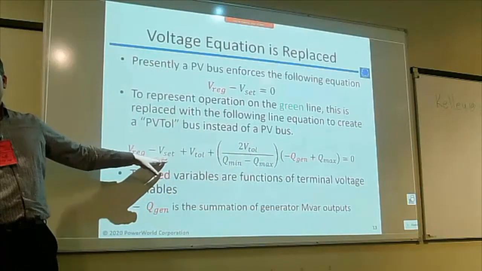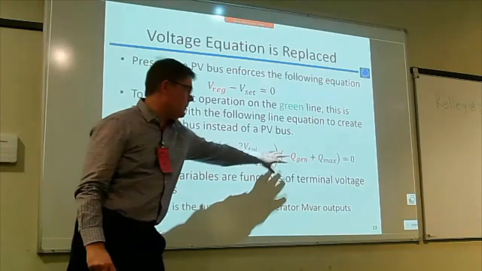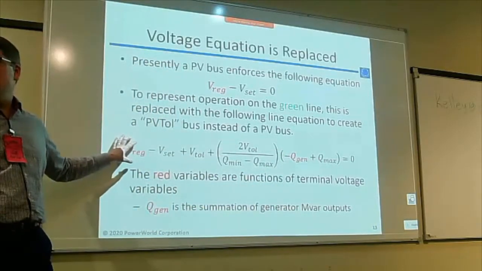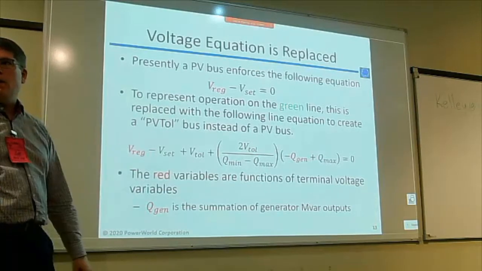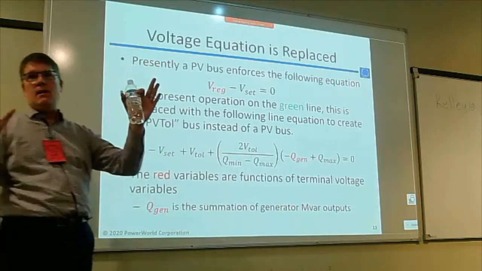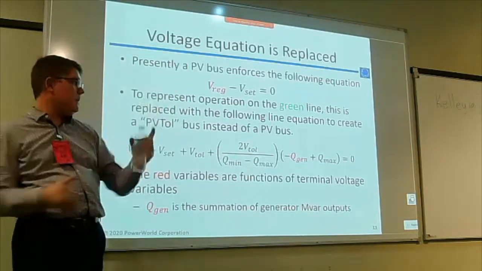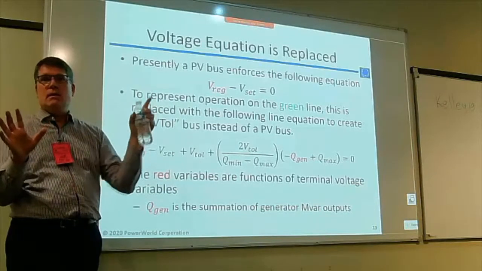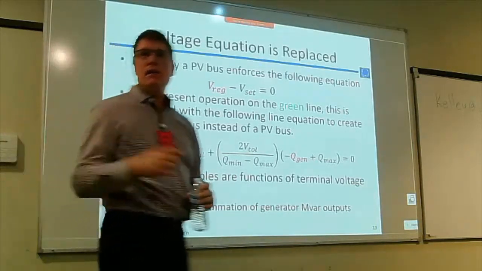And so the equation becomes, instead of voltage reg minus the set point equals 0, just the equation of a line where we have voltage reg minus the set point plus the tolerance. Just work it out, but this is the exact equation that we use. And the red variables are functions of the terminal voltage.